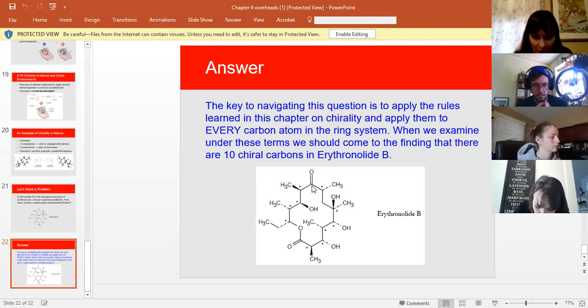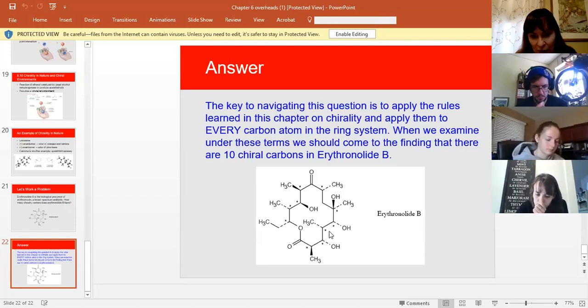Okay, let me show you a carbon that a lot of students ask me questions about. This carbon right here. You see the star that I'm pointing to? A lot of students struggle to see how that carbon is chiral, and I think this is the reason why they struggle. Everybody knows what carbon we're talking about now? Because I'm going to move the cursor. This carbon. Look at the things attached to it.